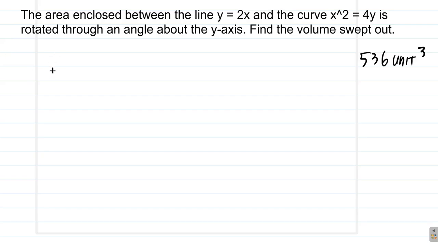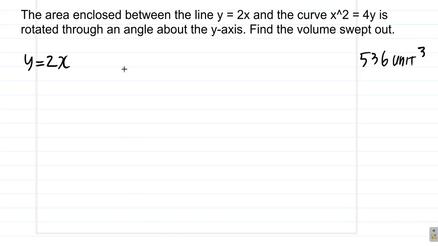You have the line y equals 2x. Although it's a straight line, mathematicians refer to everything as a curve, whether it's straight or bent. Then you have the curve x squared equals 4y.